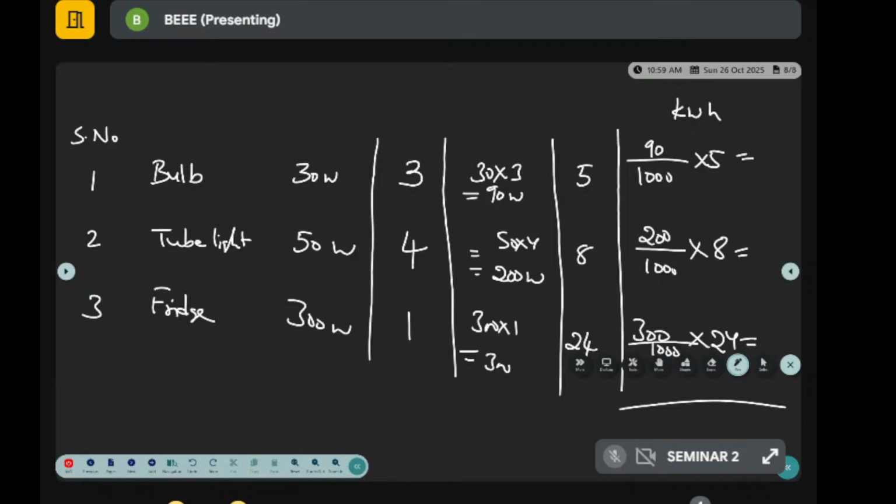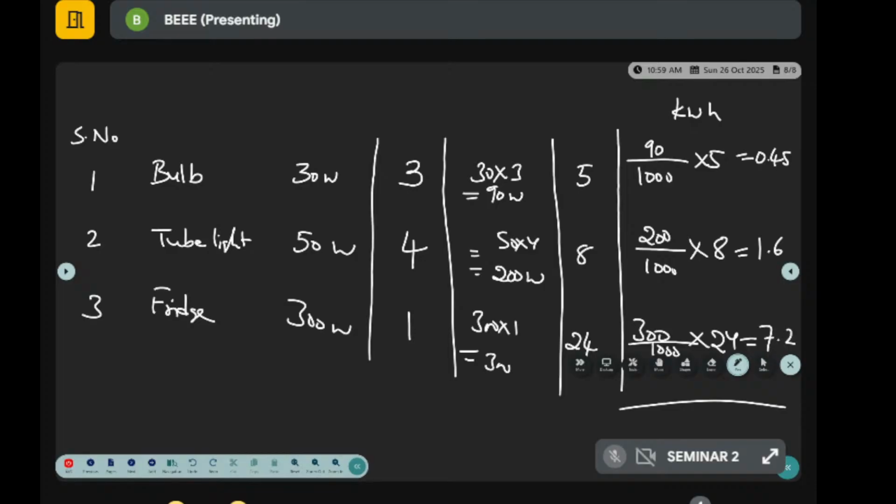How much? 90 by 1000 into 5 is 0.45. 200 by 1000 into 8 is 1.6. 300 by 1000 into 24 is 7.2.